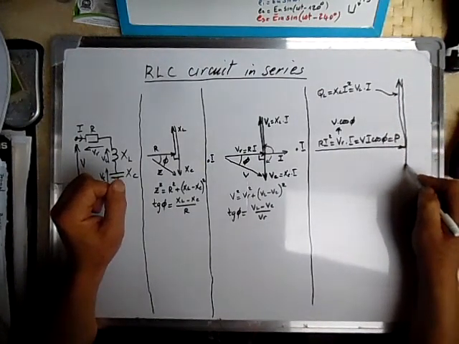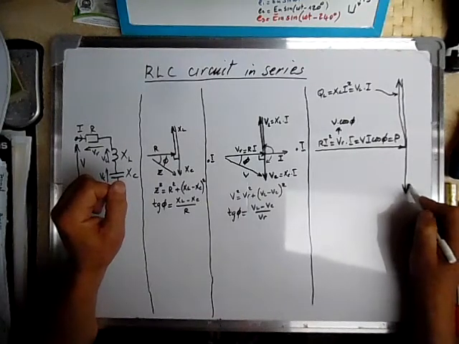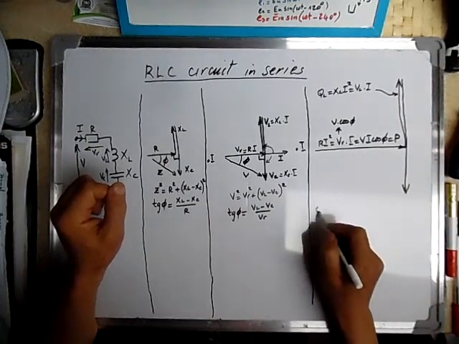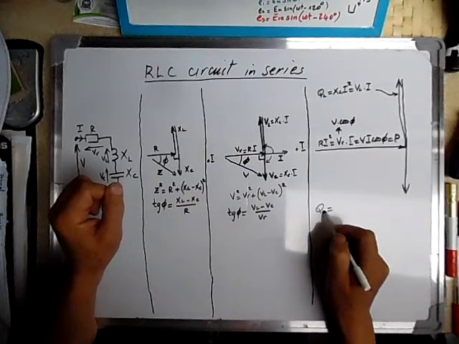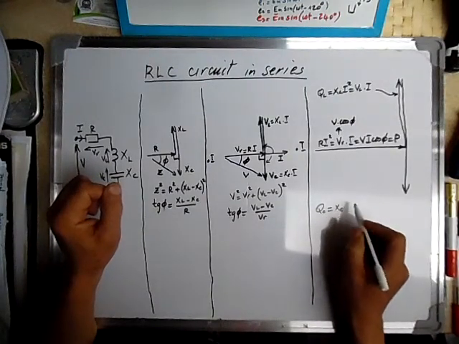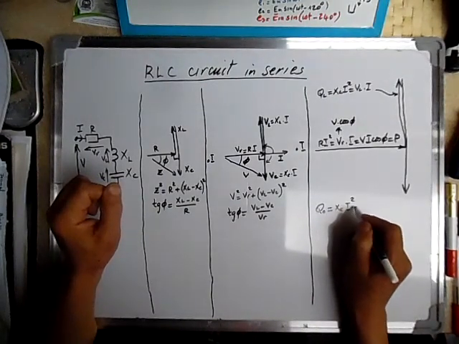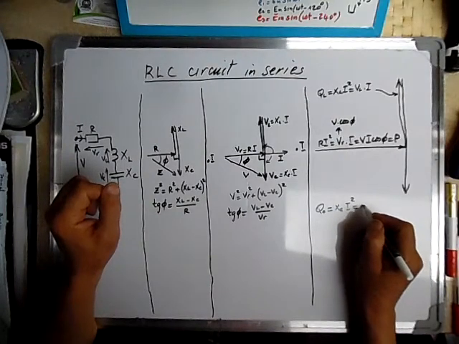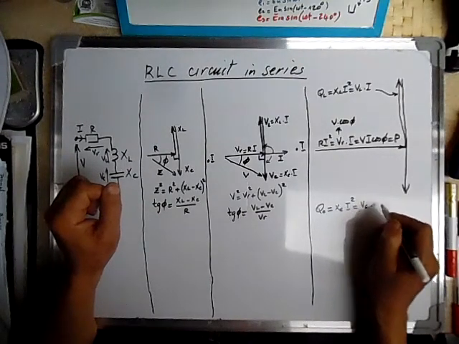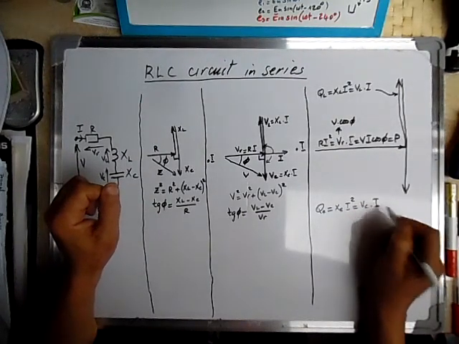This is QC, which I will write here. QC is XC times I squared. It's equal also to VC times I, okay?